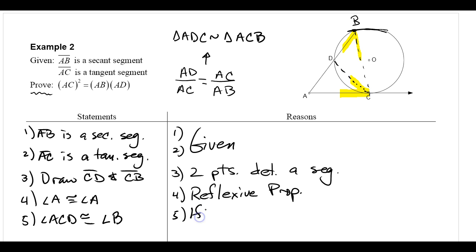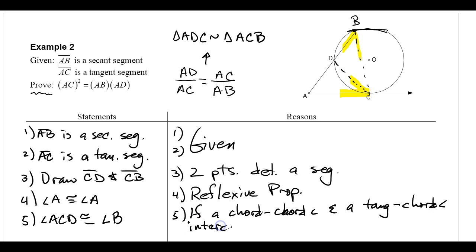Okay, so if a chord angle and a tangent chord angle intercept the same arc, then they're congruent.